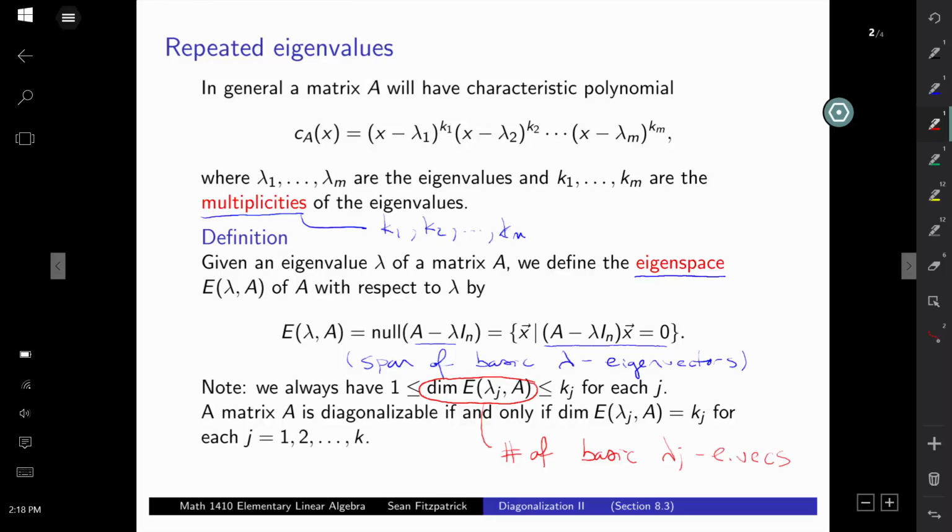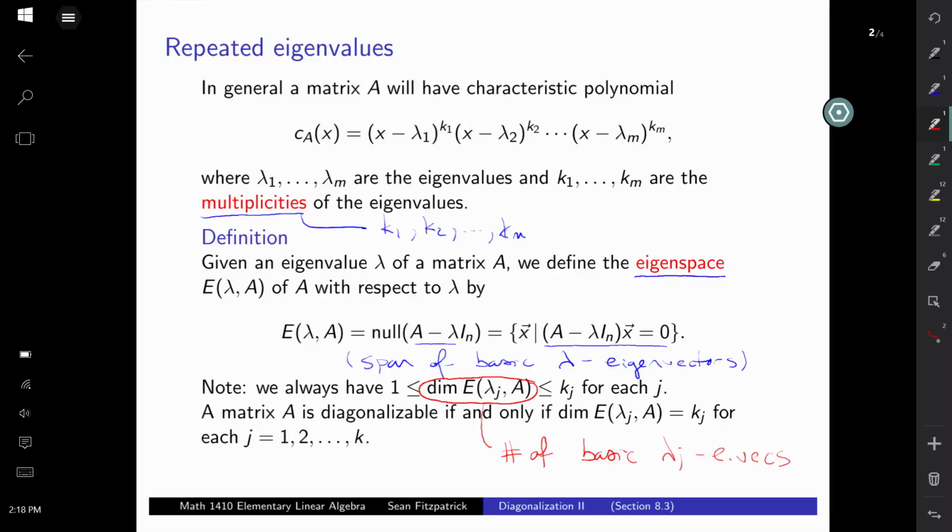A basic fact is that for every eigenvalue there's always at least one eigenvector, so the dimension of this space is always at least 1. And the maximum possible dimension is the multiplicity of the eigenvalue.